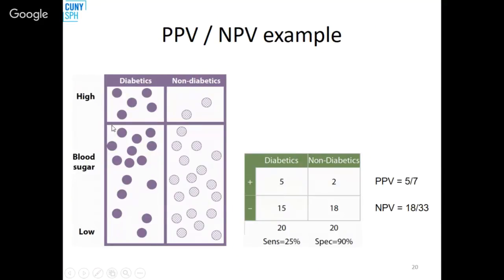So essentially, by calling fewer people positive, you get a better positive predictive value. By calling fewer people negative, you get a better negative predictive value. Because we're getting into the zone where we can be more confident about those positives, or down here about those negatives.